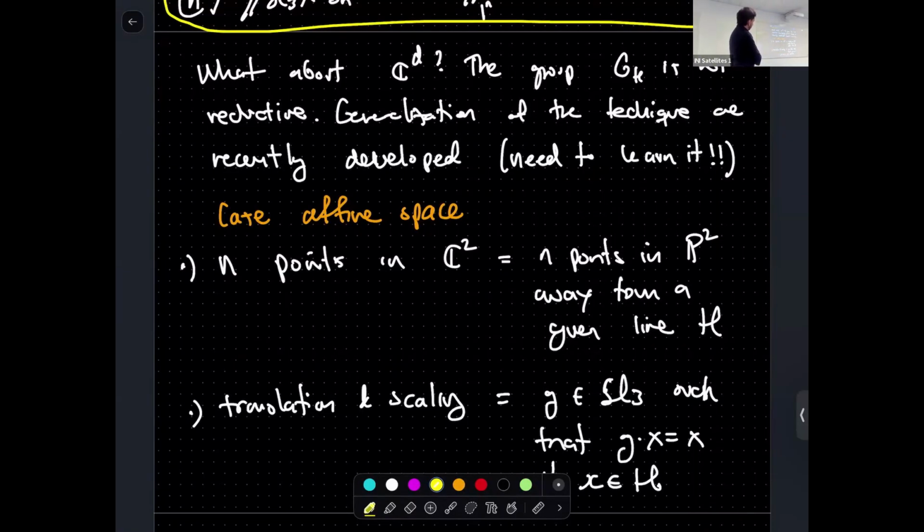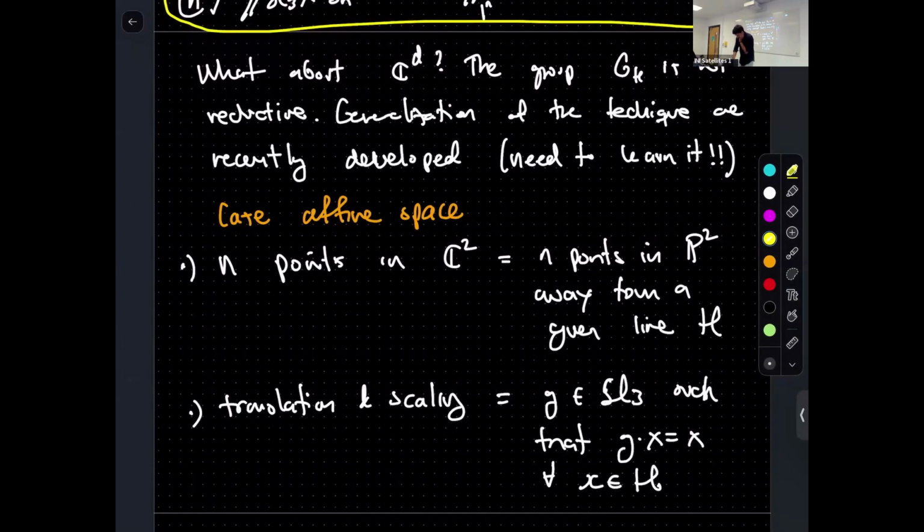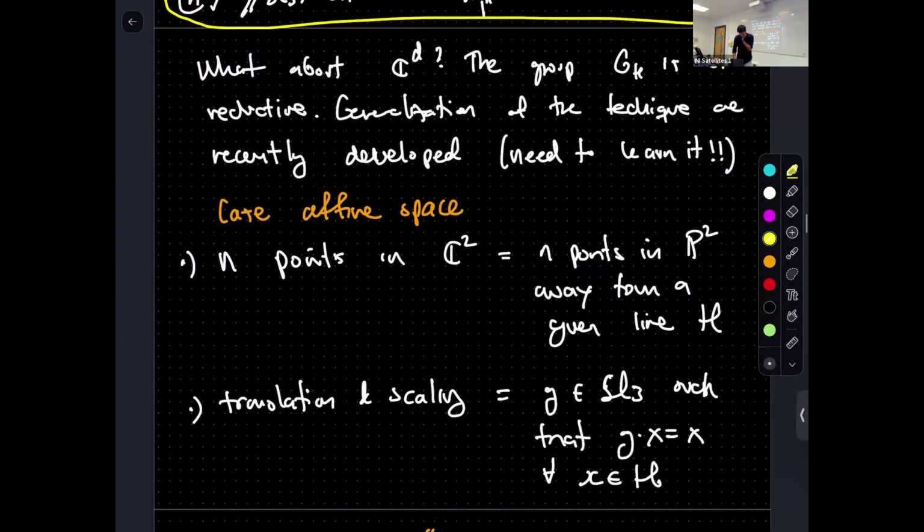And the problem, I tell you, is that the group is not reductive. There are generalizations which I need to learn. So that's a good motivation. But then what can I do in the meantime while I learn the generalization? So I wanted to talk about it.